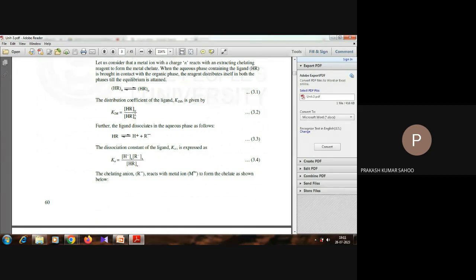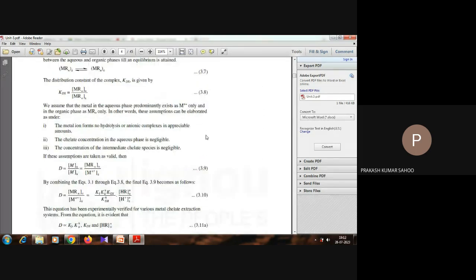Just remember, organic always in the upper part, and aqueous always in the lower part, because organic has the lower density and aqueous has the higher density. Higher density will be separated first, followed by the organic part. So always organic will be in the numerator and aqueous will be in the denominator.